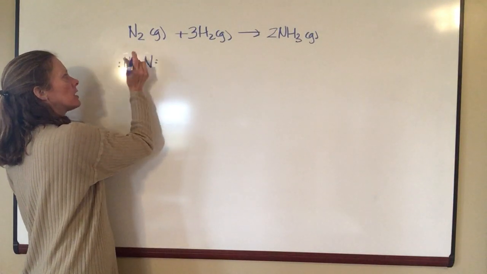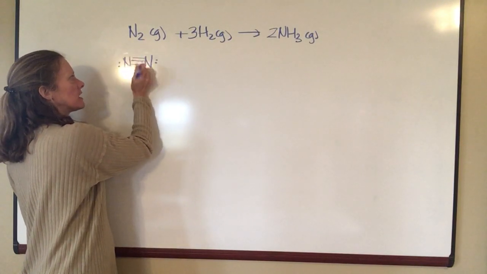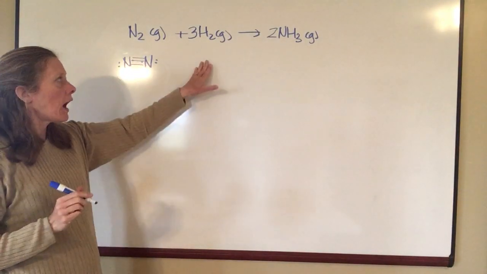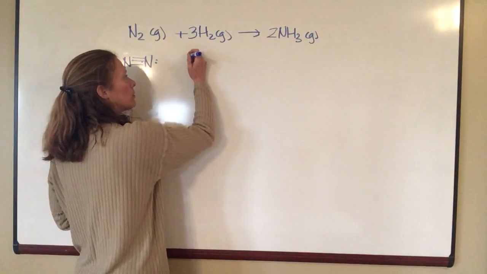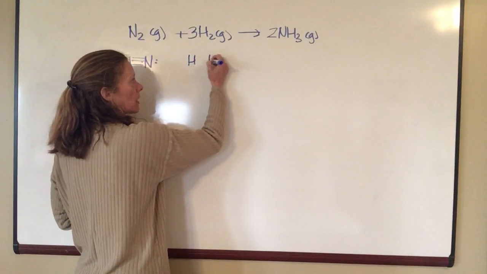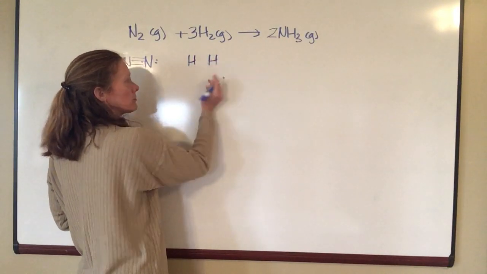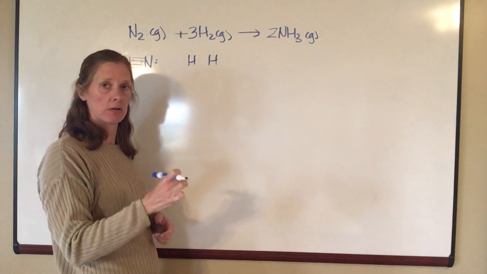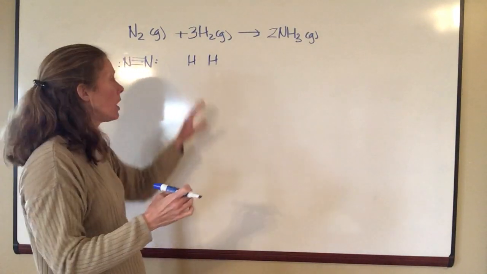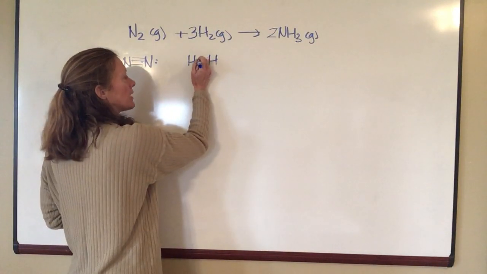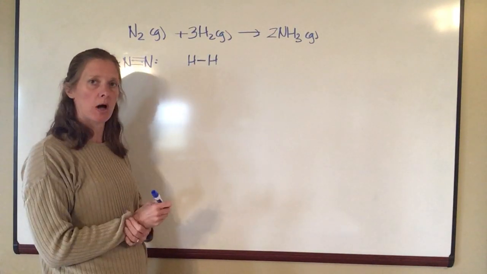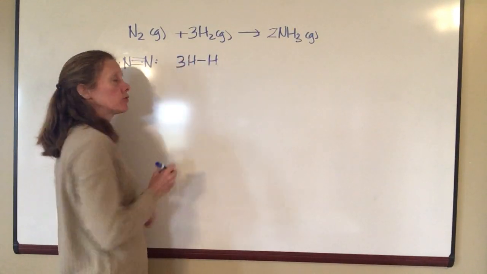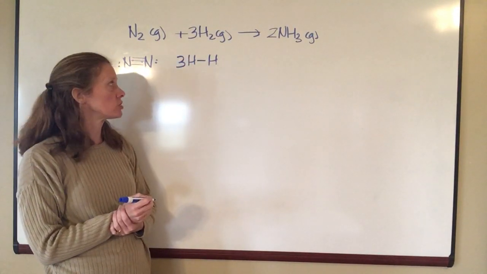So what that will end up giving me is a triple bond in that nitrogen, okay? Hydrogen, you'll recall, only has 1 valence electron, and so hydrogen doesn't obey the octet rule. It only needs 2 electrons in its outer orbital to be stable. So hydrogen just has a single bond in that molecule, but don't forget that we actually have 3 of those to make this balanced equation.